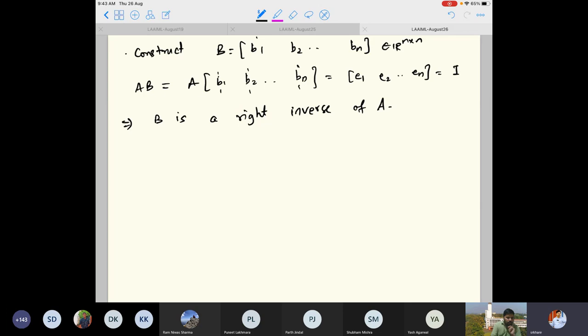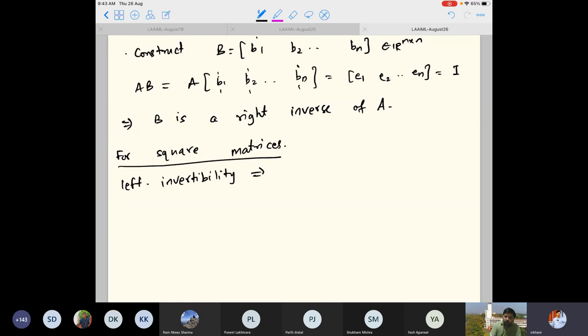Okay, let us summarize. For square matrices, what we have shown. It is very important that this is done for square matrices. But let us quickly summarize. What is it that we have done? We have shown that left invertibility implies column independence.